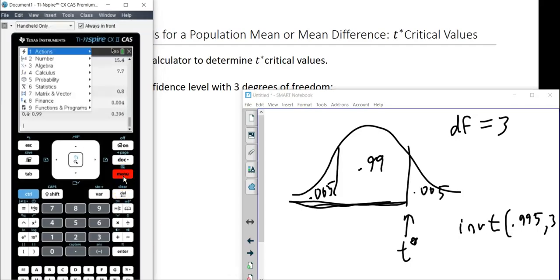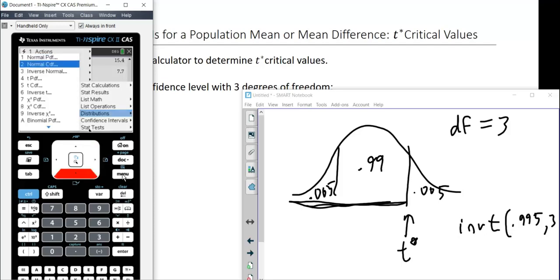So if you go menu, oops, sorry, menu 6, distributions is number 5, and there's tCdf, like normCdf, and then there's something called inverse t, like inverse normal.